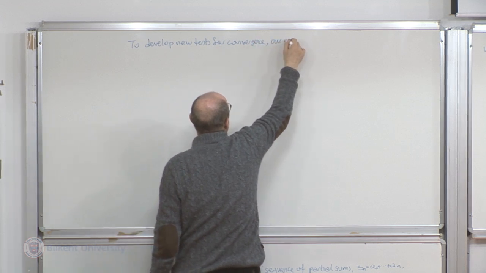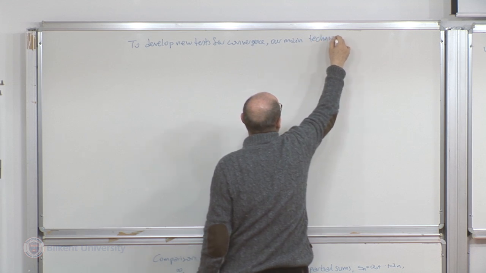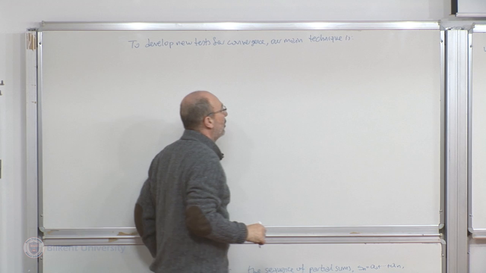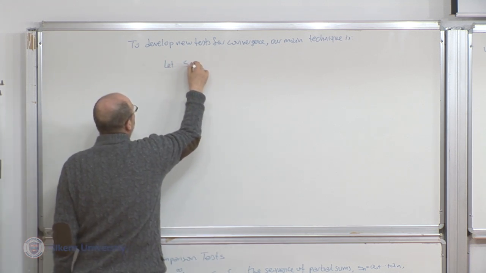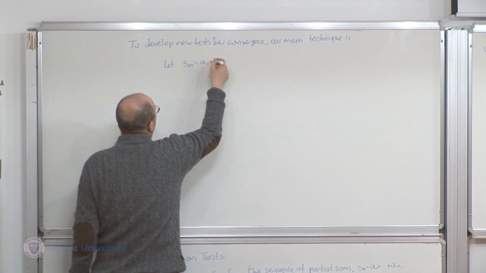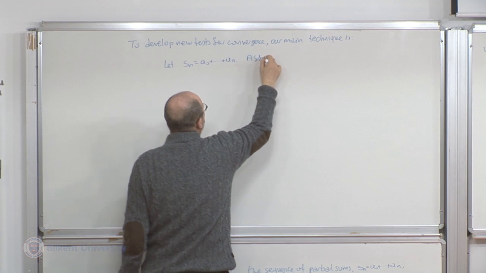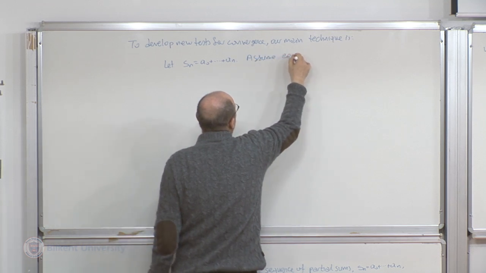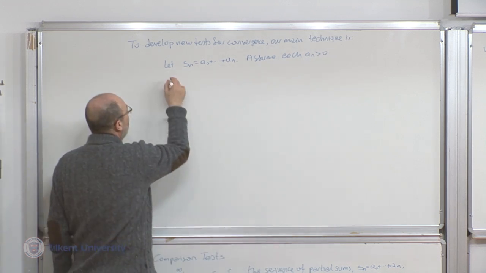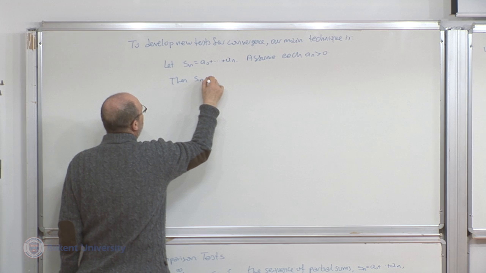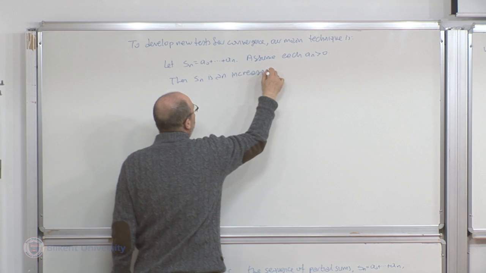Our main technique is the following. Okay, so let Sn equal A0 plus A1 plus ... plus An. Assume each An is positive. Okay, then Sn is an increasing sequence.